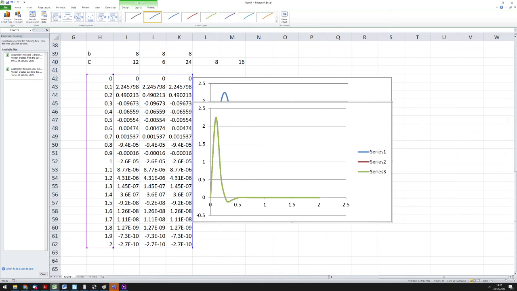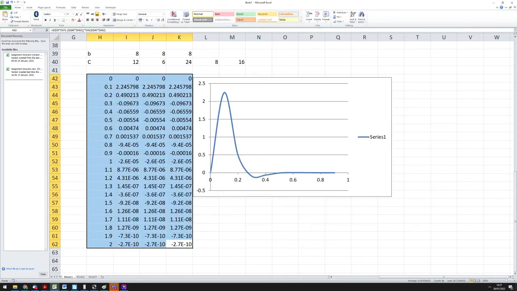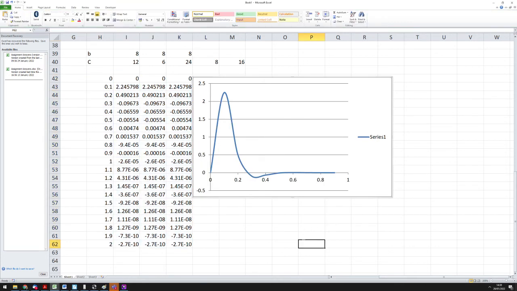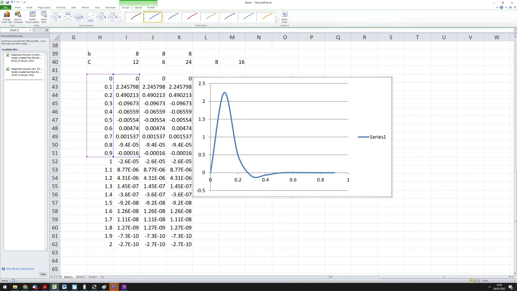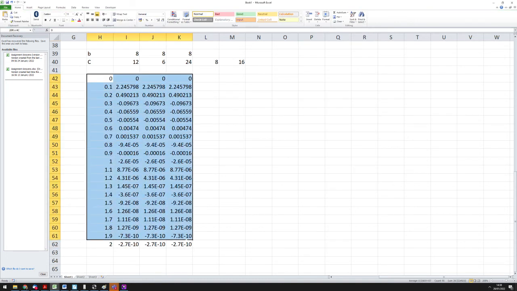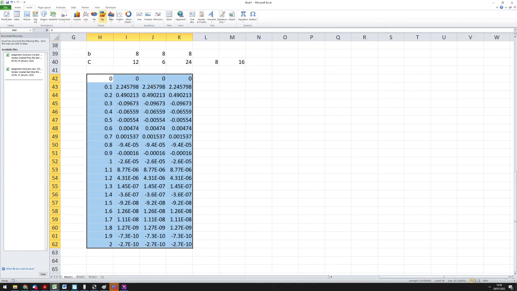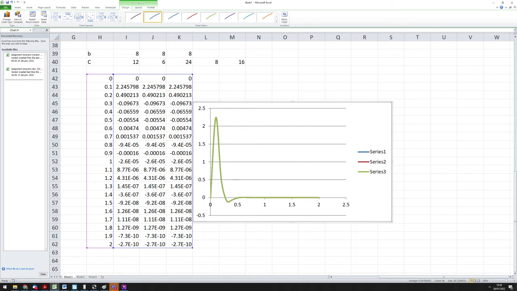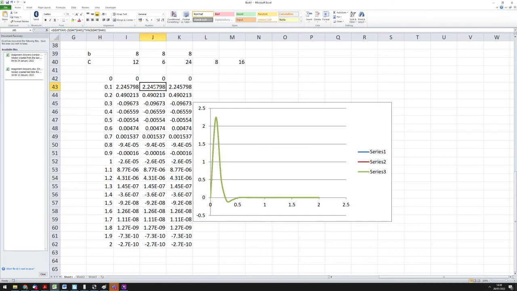what have you done? Why does it do that? Right. Insert scatter graph. That definitely isn't showing series 1, 2 and 3. Oh, it is.